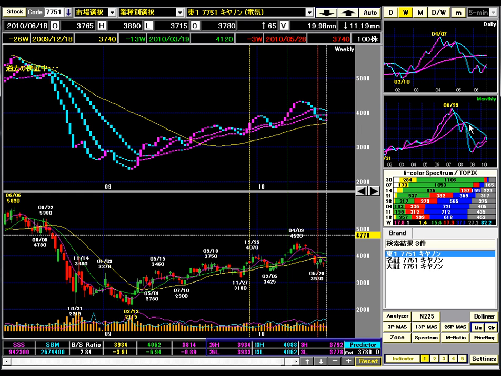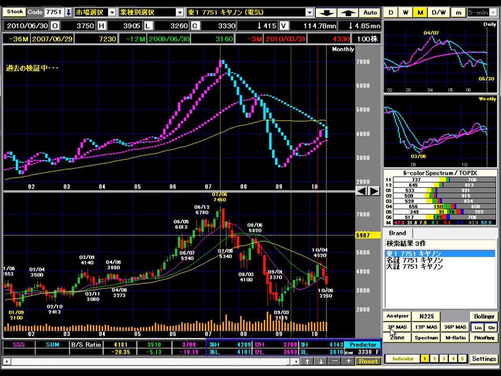This is for the weeks, and for the months we have 3P, 12P and 36P. This is for months. So where we had 3 days, 25 days and 75 days for the daily chart, in the monthly Masuda Ashi chart we have 3 months, 12 months and 36 months. 12 months corresponding to about 1 year, 36 months corresponding to about 3 years.